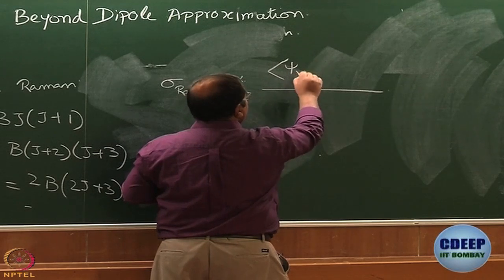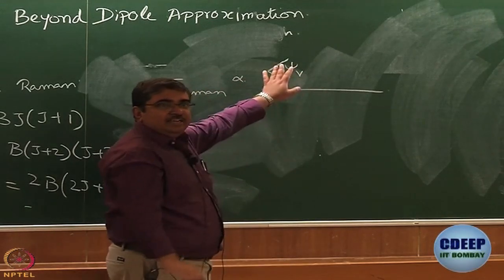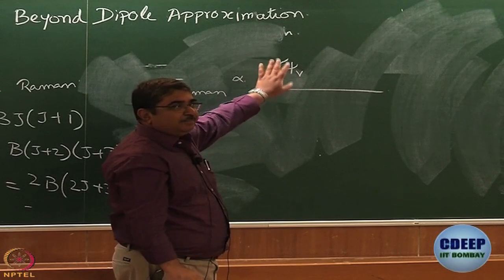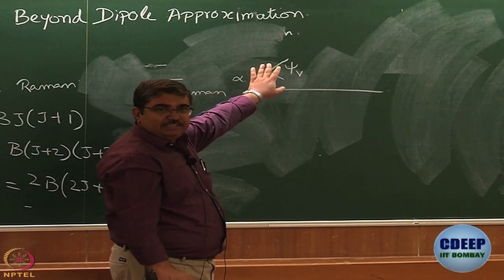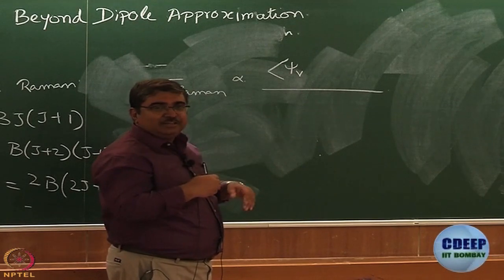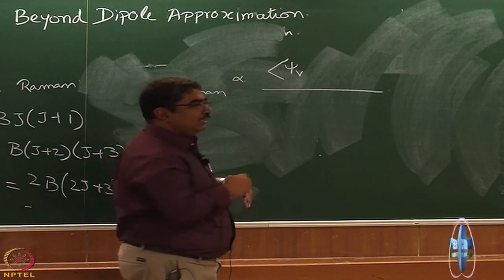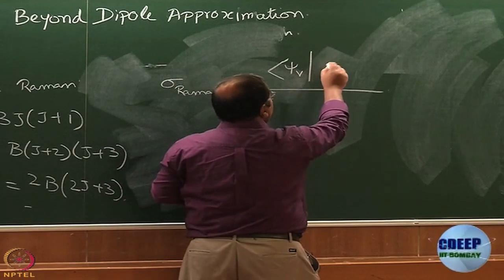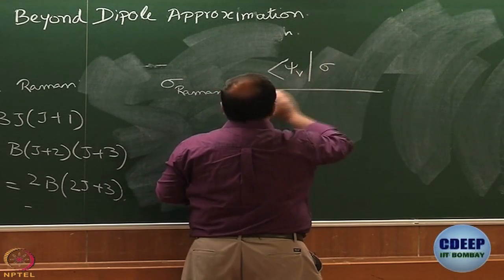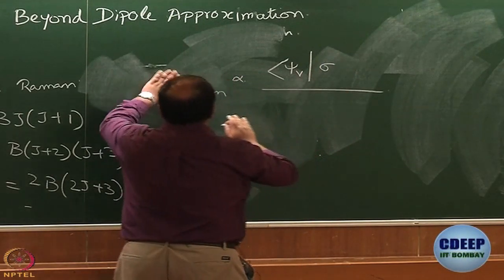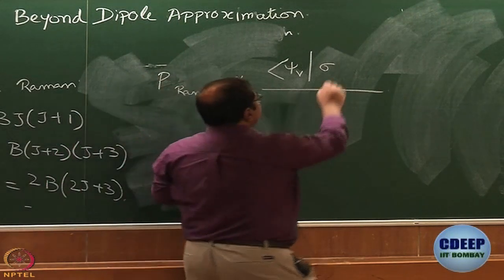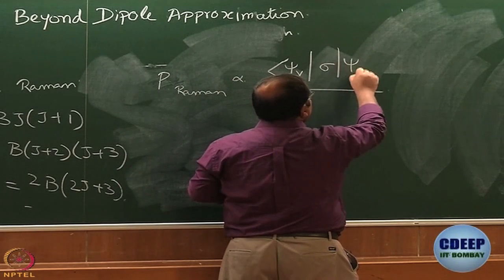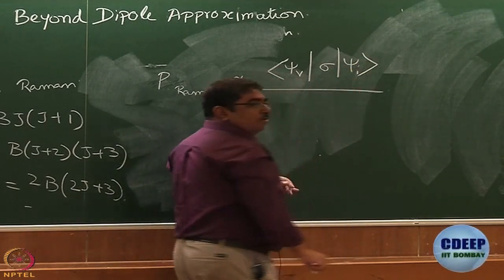psi v, where psi v is the wave function for the virtual state, which you can write as a linear combination of the wave functions of the stationary states. Sigma, this is sigma, that is sigma, we have a problem, right. So, I will just write P. Psi I, what is psi I?